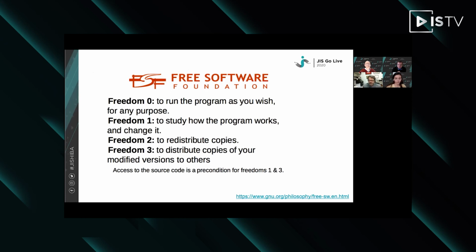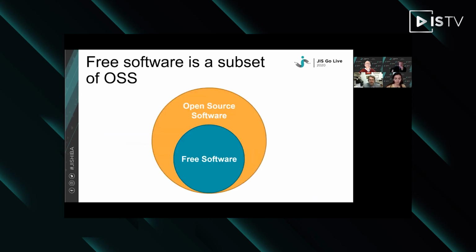They're maintained by two different organizations. You can sort of think of it as all free software is open source software, but not all open source software is free software. And here I mean free as in libre, or as Richard Stallman would say, free as in speech, not as in beer.